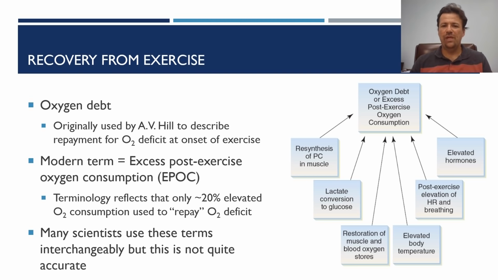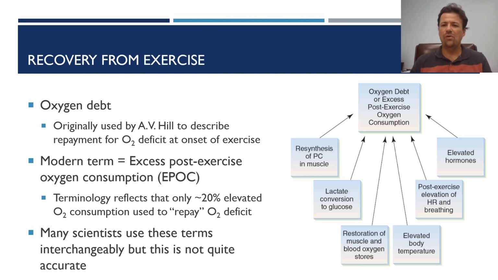After exercise, we have to resynthesize the PC in the muscle. We have to restore muscle and blood oxygen stores. There is an elevated body temperature that's going to increase the basal metabolic rate, which requires more oxygen. Your heart rate and your breathing have increased, and that requires more oxygen.